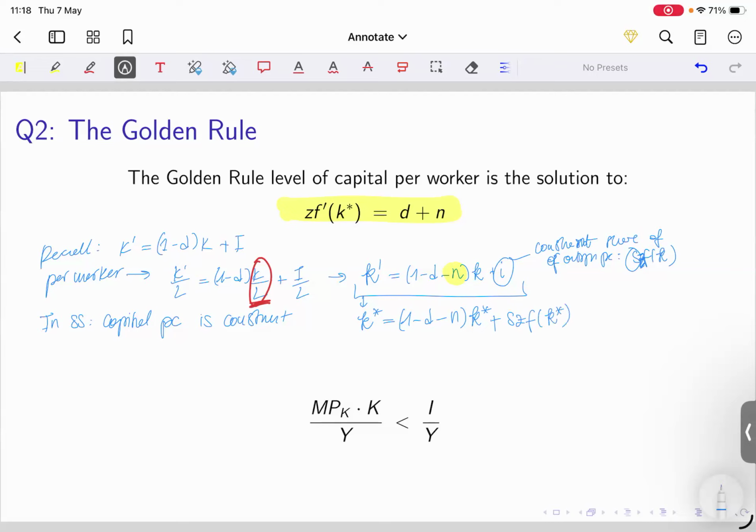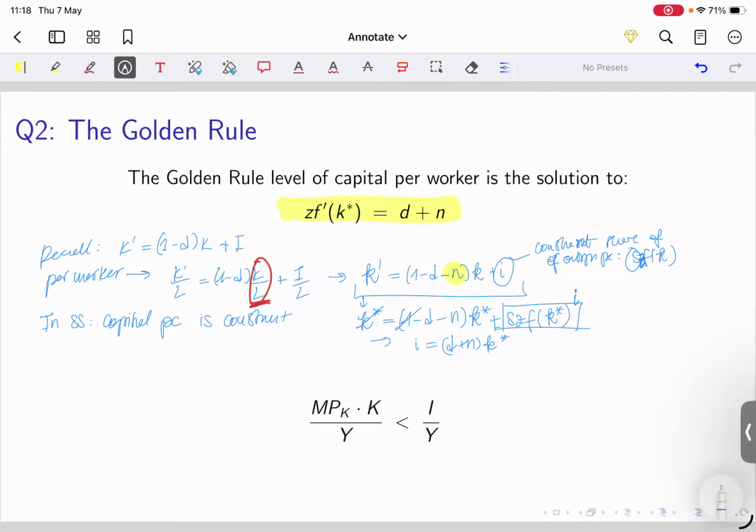You see that here I can simplify, which gives me that your investment I is equal to (d plus n) k star.